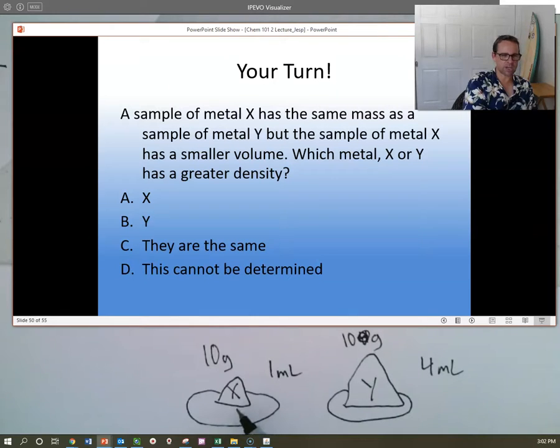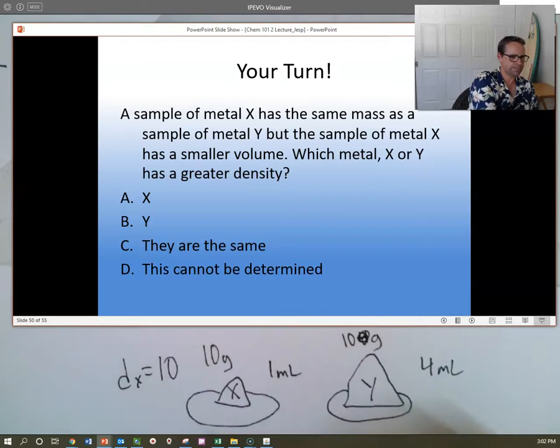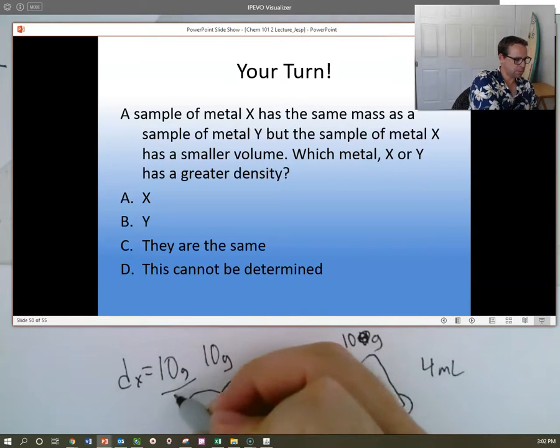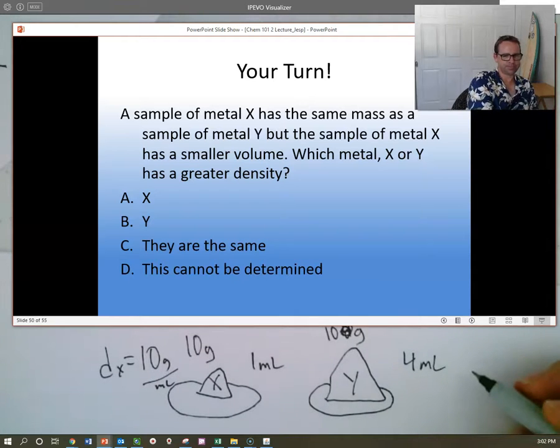What is the density for X? Okay, so density equals the mass over the volume. So for X, it would be 10 grams. Very good. The density of X is 10 grams per milliliter. And then for Y?